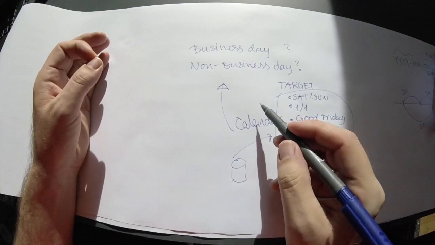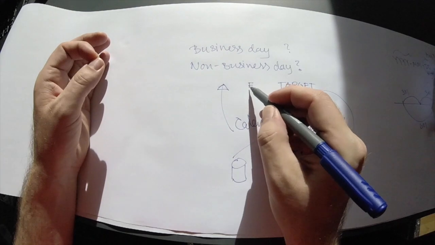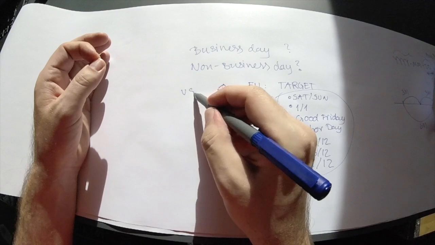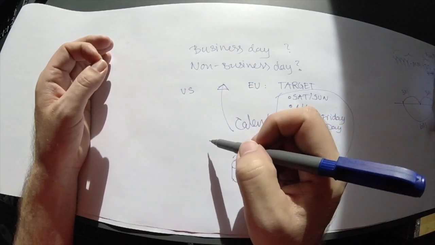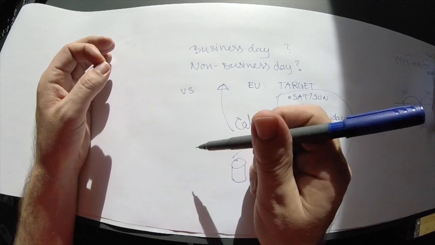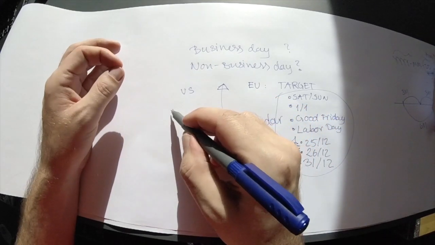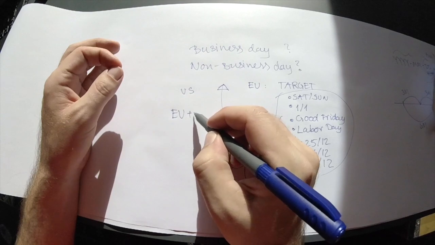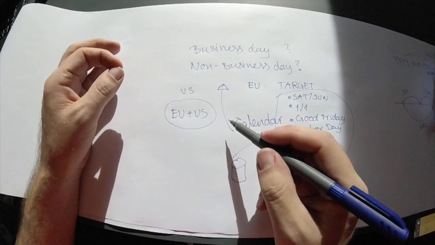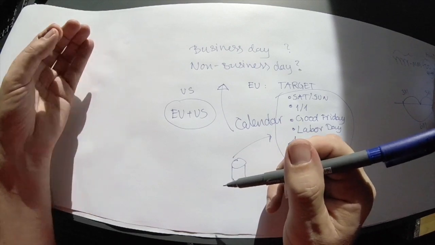The TARGET calendar is sometimes also written in shorthand as the EU calendar, and you could imagine that US is some New York or American non-business calendar. And similarly, we could do a shorthand, say EU plus US, to be the combined calendar of those two markets.